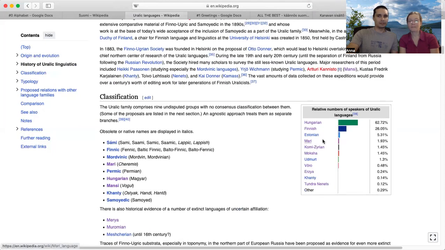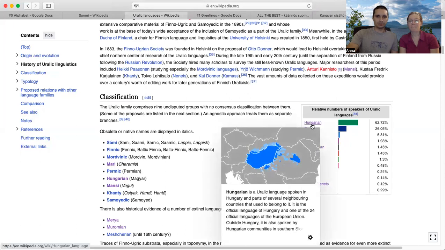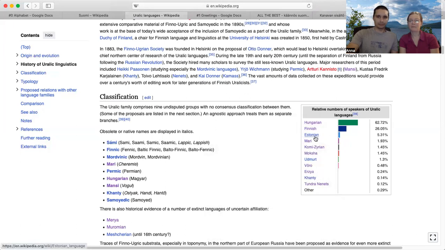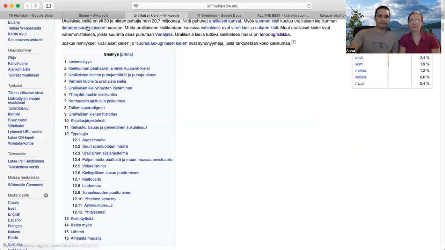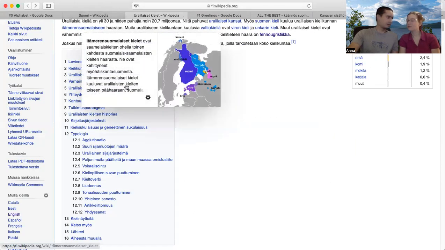Yeah. And like we can see, Hungarian has the most speakers, then Finnish, Estonian, then Mari, Komi, Moksha, Udmurt have more than 100,000. Then the others have tens of thousands or a few thousand people speaking them. Like Inari and Skolt Sami only have around 300.